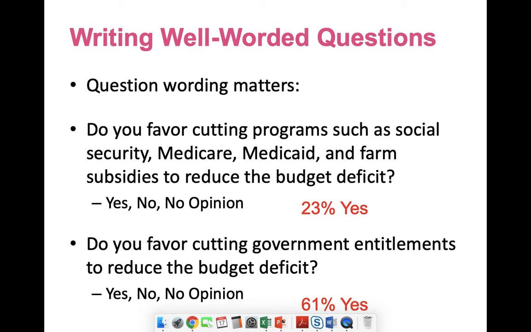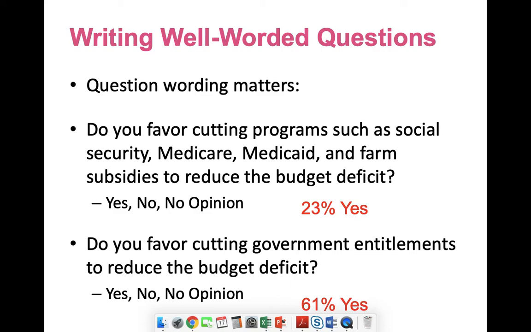But only 23% say yes in that case, while 61% say yes when, instead of specifying each of the programs, the general term government entitlements is used. So people are much less favorable about the specific programs, because government entitlements has a negative connotation.